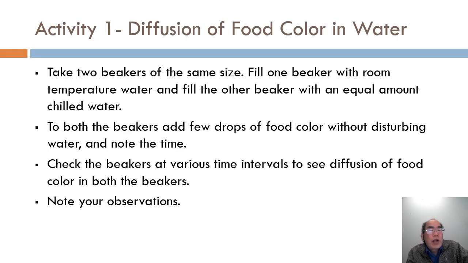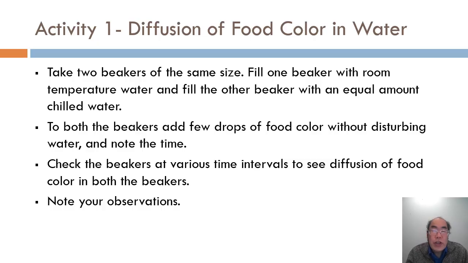In this lab, we are going to observe the diffusion of food coloring in water and determine how temperature affects the rate of diffusion. Okay, you'll take two beakers of the same size, fill one beaker with room temperature water, and fill the other beaker with an equal amount of chilled water.